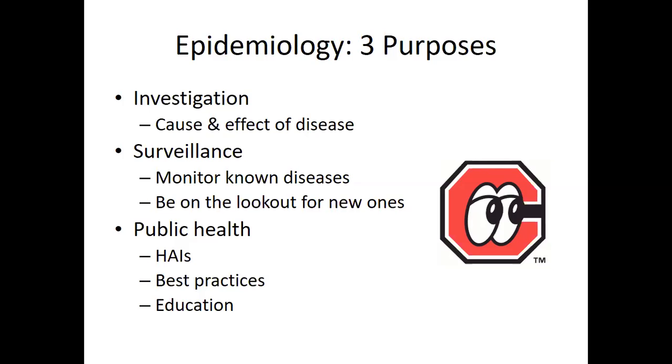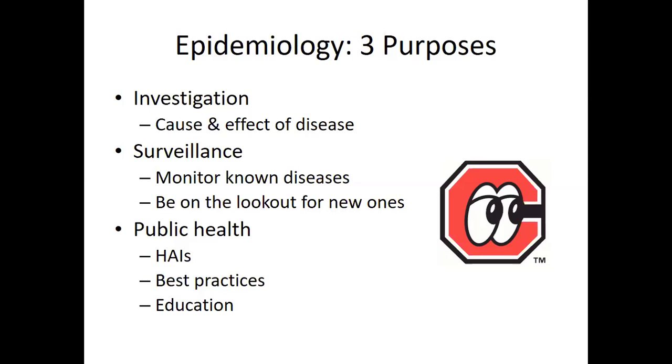So especially early on, during the start of an epidemic or a pandemic, there is a lot of work going on here. Even with the coronavirus, or this rendition of it, SARS-CoV-2, this is still an area that we're trying to keep up with and understand. We'll talk about what they're actually doing. Surveillance: monitoring known diseases, being on the lookout for unknown diseases.